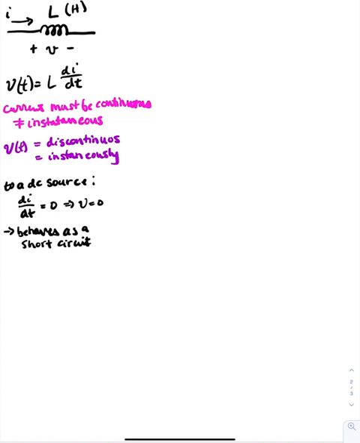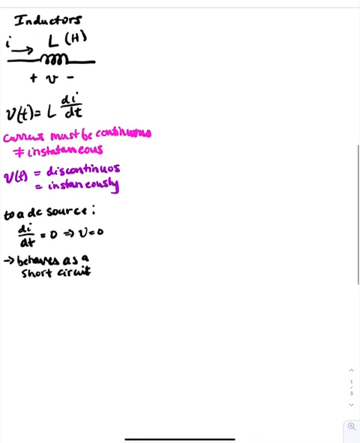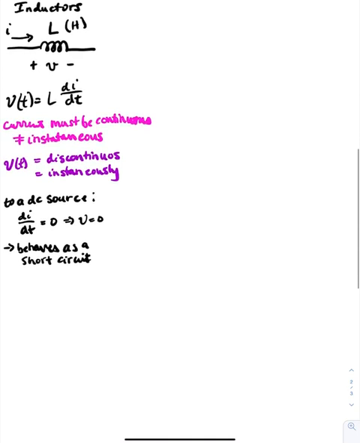The second equation for inductors is for current, which is 1 over inductance times the integral of voltage plus the initial value of that current.